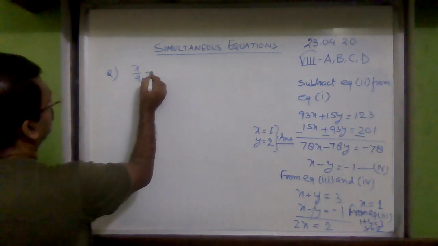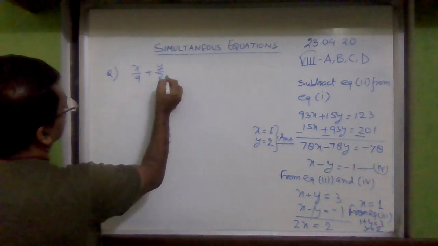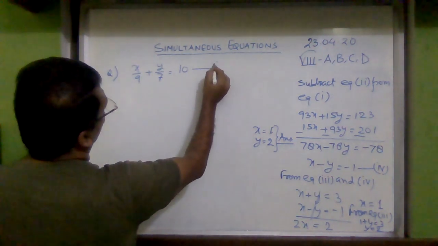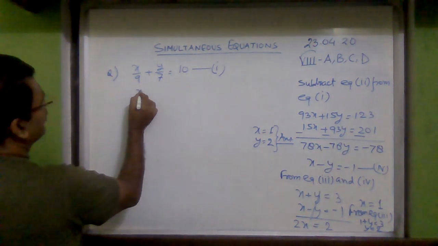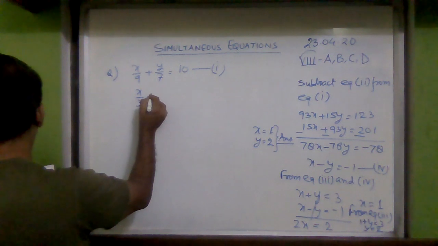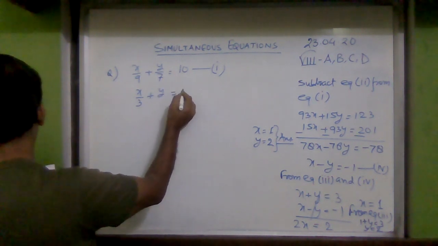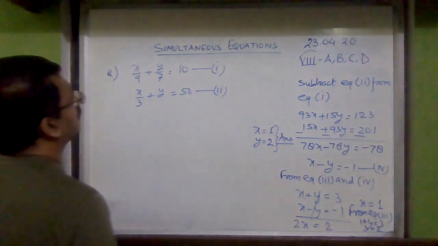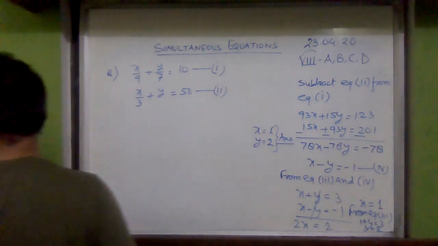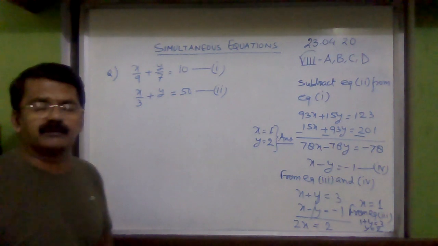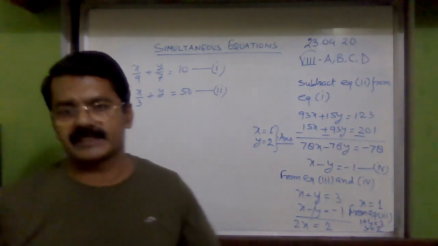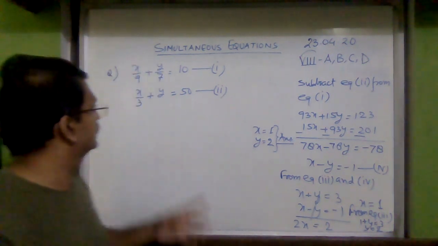x upon 9 plus y upon 7 is equal to 10. That is equation number 1. And x upon 3 plus y is equal to 50. That is equation number 2. Now this question is slightly different from the other questions because in these questions the coefficients of x and y are in fractions.